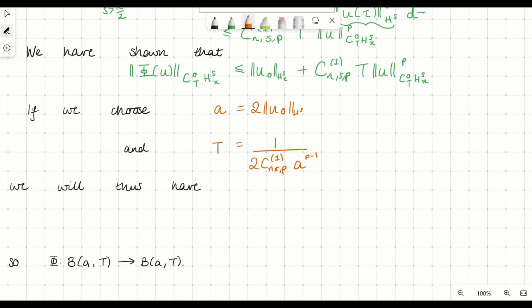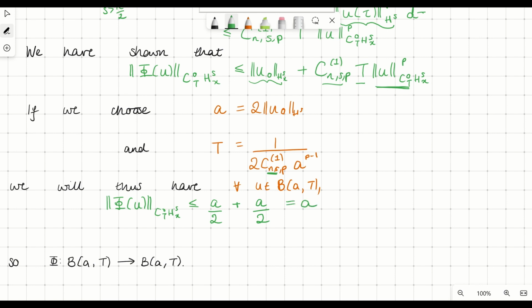Because then, whenever u is in this ball B_{a,T}, the norm of Φ(u) in C^0_T H^s_x is less than or equal to u_0, which is just a over 2, plus this constant times T, so that cancels with the constant down here, so we have 1 over 2 a to the p minus 1, but then the norm of u to the p is bounded by a to the p since u lies in the ball, so this second term also, you can check, just gives us a over 2.